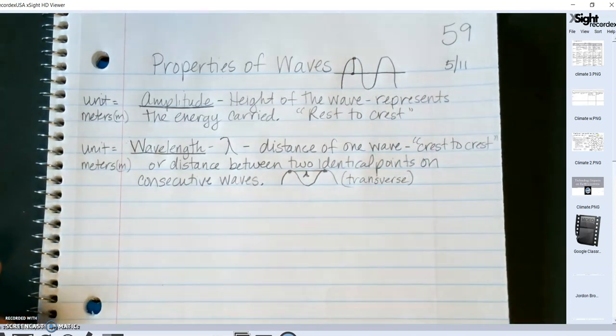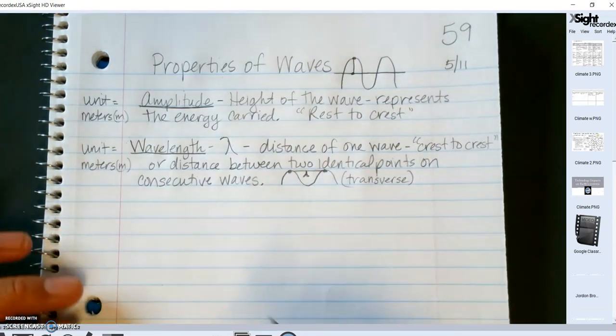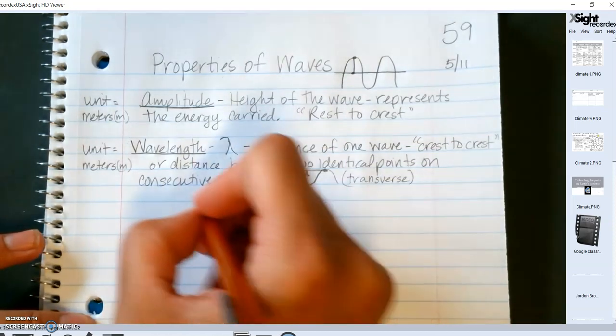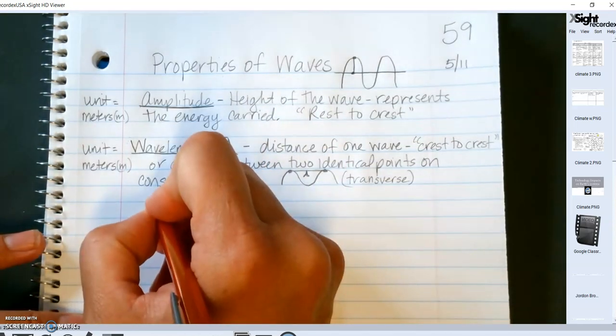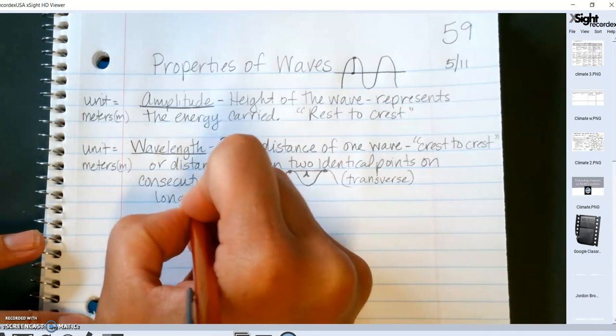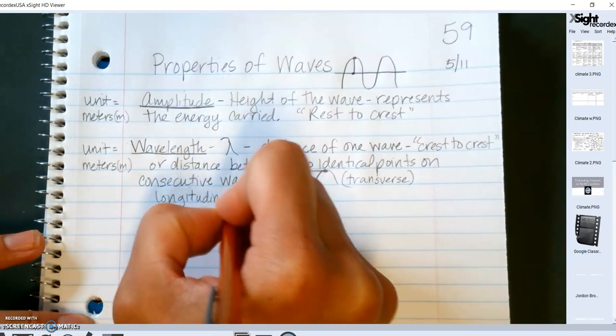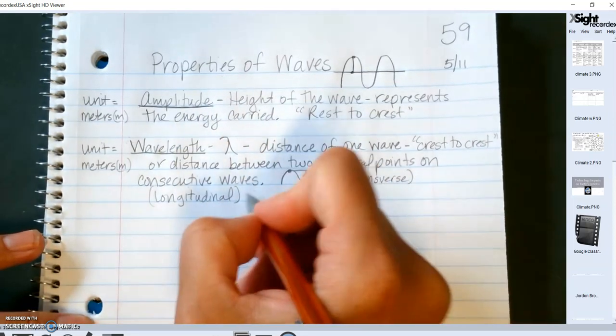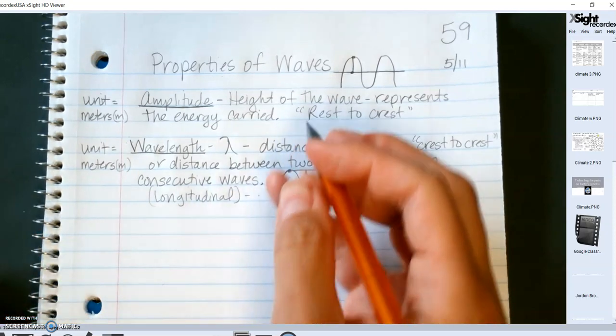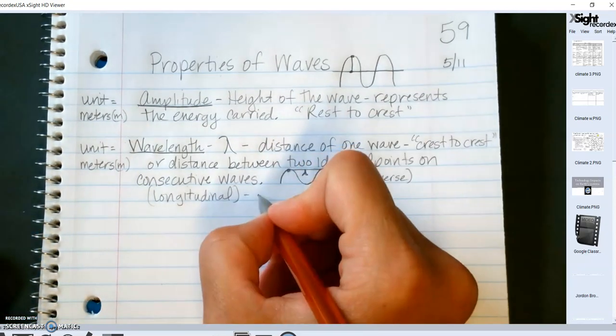Crest to crest. But what if we have a longitudinal wave? Sometimes if we have a longitudinal wave, it's going to be the distance between two wave pulses.